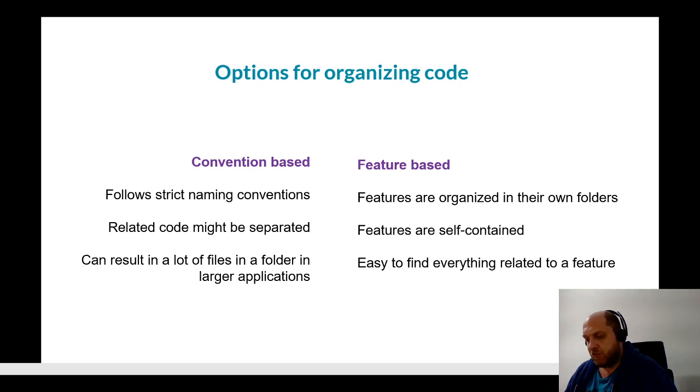And when it comes to folder structure, there are basically these two different approaches. One is this convention-based approach, and the other is the feature-based approach. Let's take them one by one.